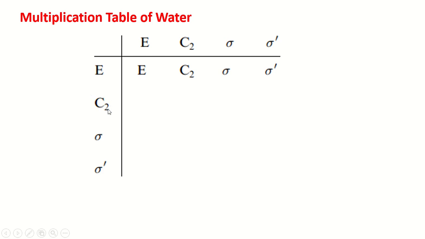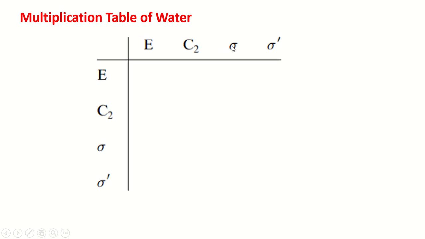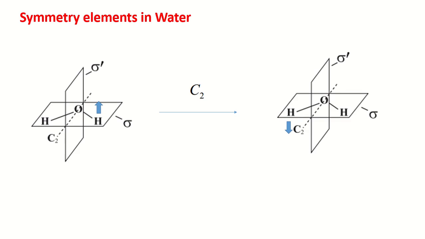Now let's talk about the C2 operation and then sigma. What will happen after applying C2 and sigma? This is C2, and this is the resultant product after applying the C2 axis of rotation. After applying C2, we have to apply sigma.